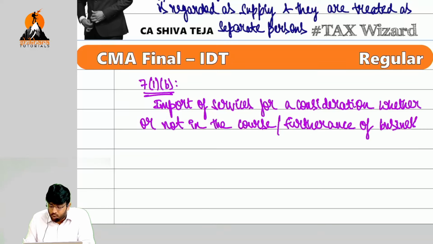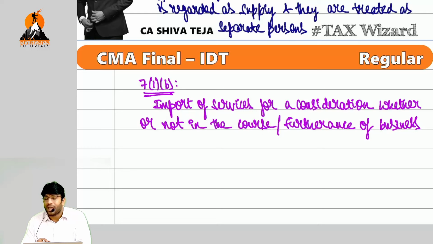Whenever you find the word course, it will automatically be followed by furtherance of business. That is common always. That means the law is telling that if you import any service, whether it is for business use or for personal use, still GST will apply.